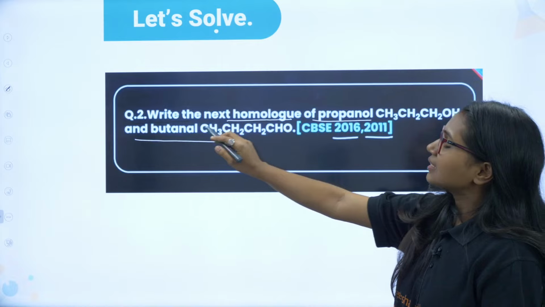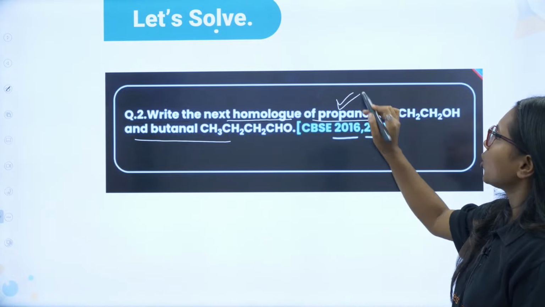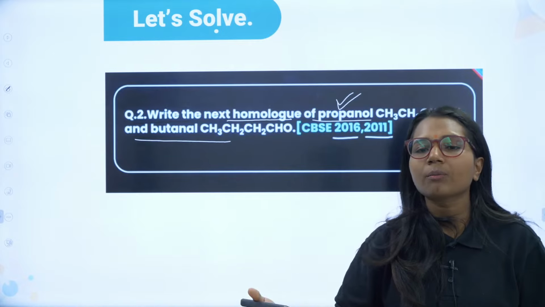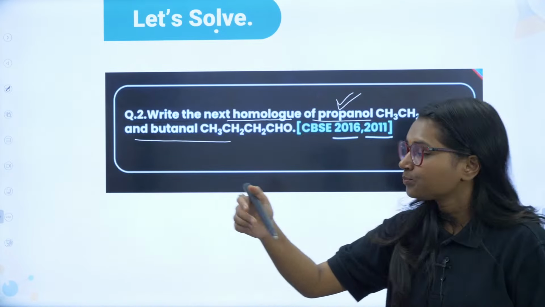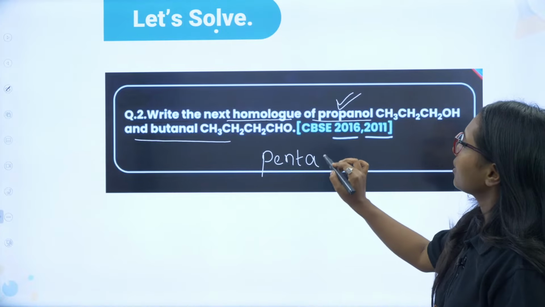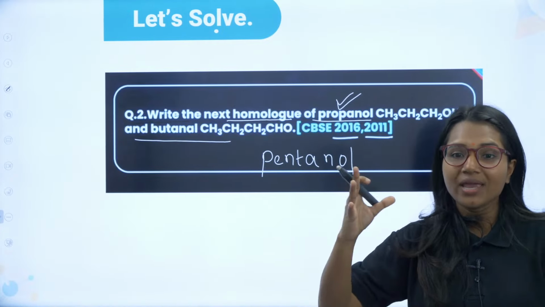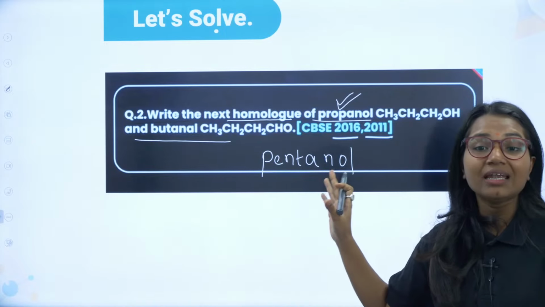They are asking you to write the next homologue of propanol. So what comes after propanol? One carbon next, so it is pentanol, because we are writing for alcohol.